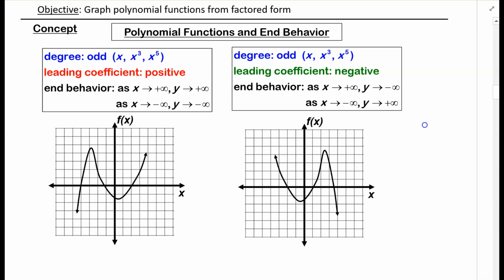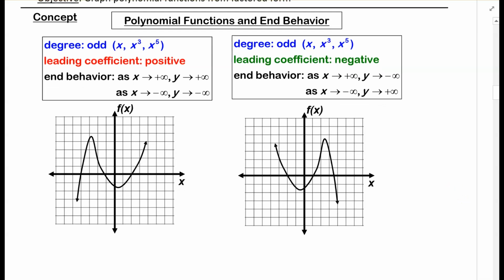Alright, so if we think about those two things, even and odd and having a negative coefficient, let's see what happens. If the degree is odd, so an odd function is x to the third, x to the fifth, because 1, 3, 5 are all odd numbers, and it's positive, this is what my end behavior is going to look like.